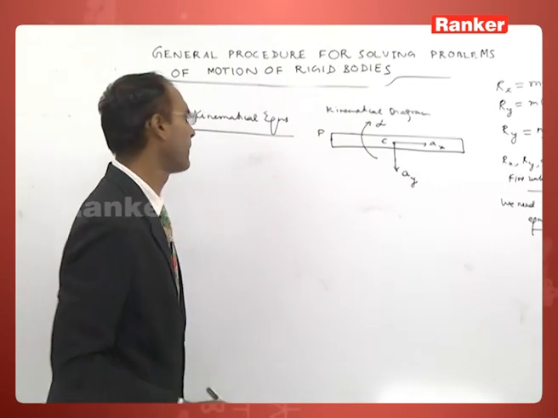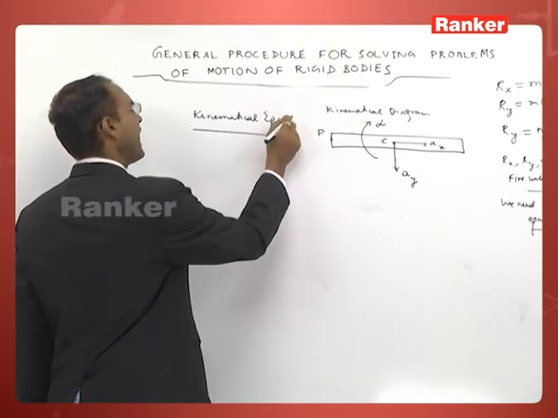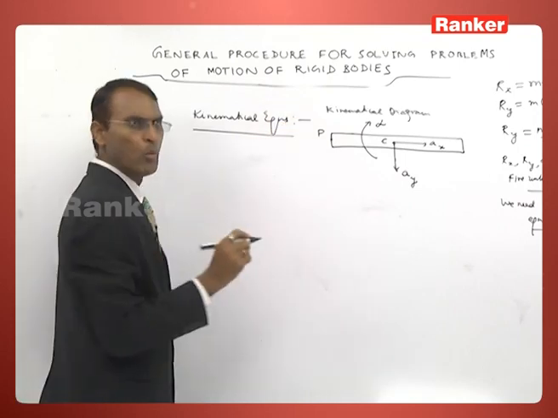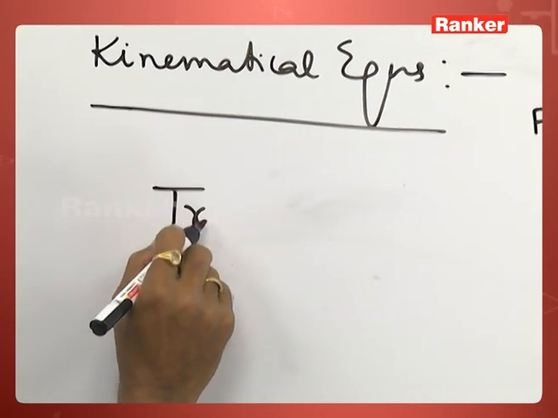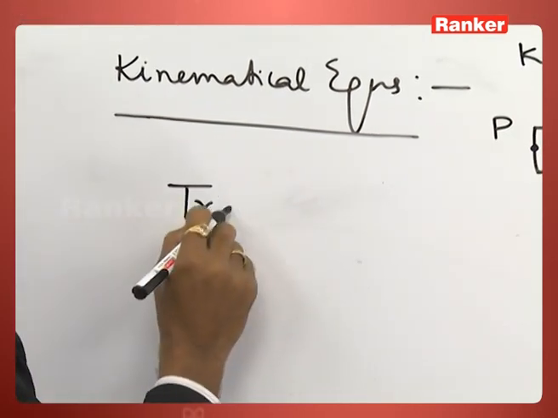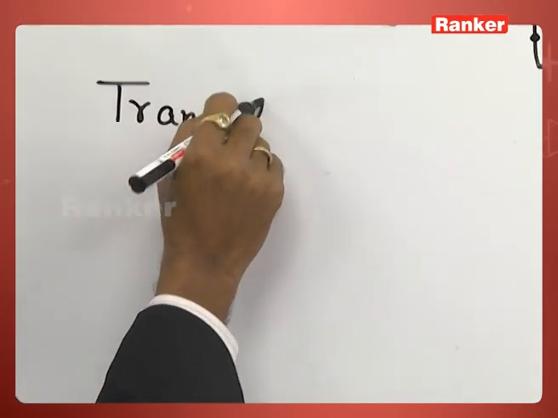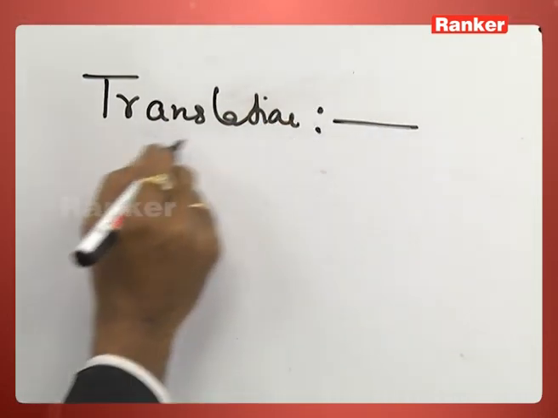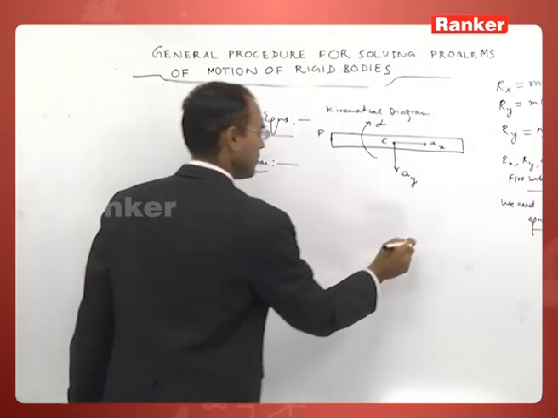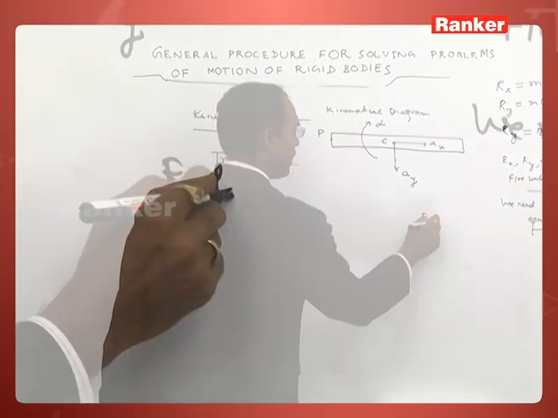Using the kinematics of motion of the rigid body, there are two types of motion called translation and rotation.